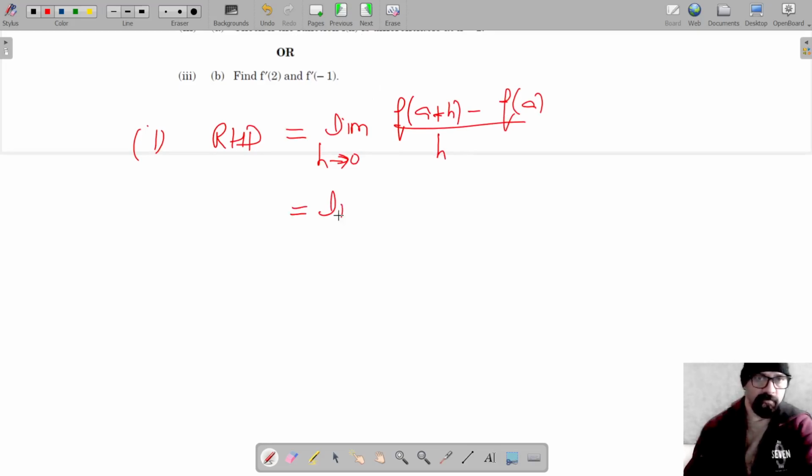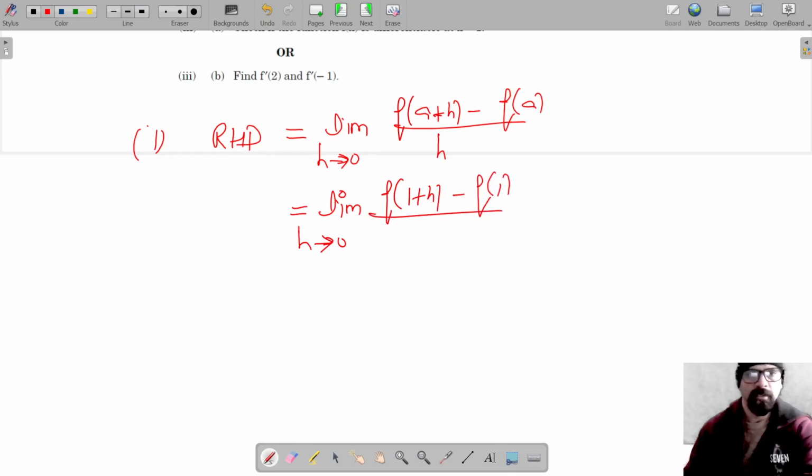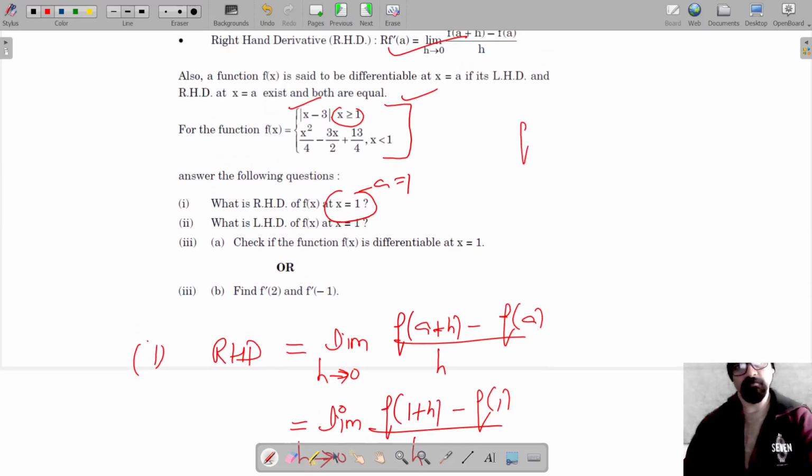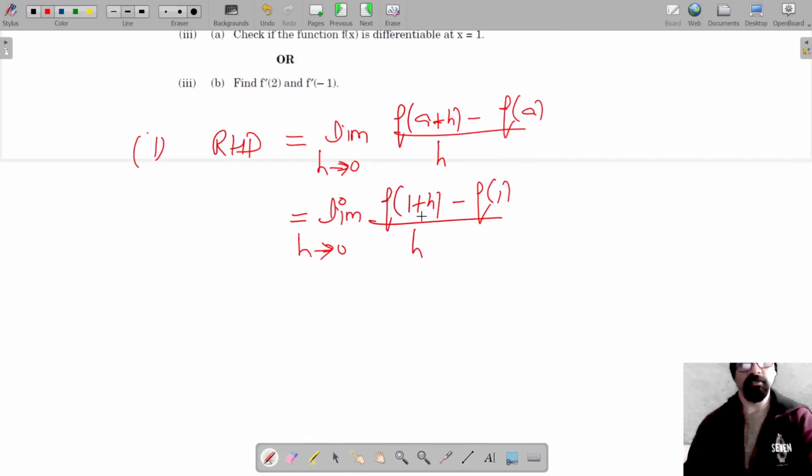So this becomes limit h tends to 0, f of 1 plus h minus f of 1 upon h. Now, because this is a right-hand derivative, we have to take values greater than 1. Our function is x minus modulus of x minus 3.